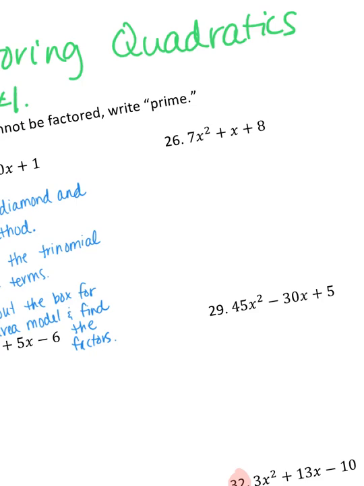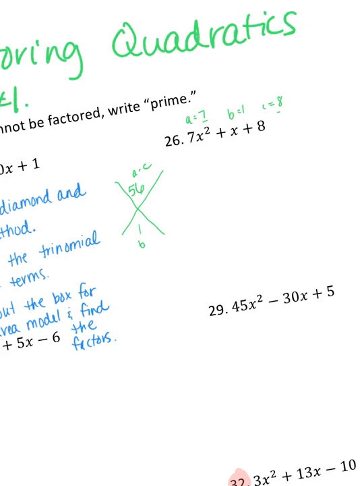Number 26, 7x squared plus x plus 8. So our first step is to set up our diamond. And up here we're going to do A times C, and down here we're going to put in B. So A is equal to 7, B is equal to 1, C is equal to 8, and 7 times 8 is 56, and B is equal to 1.